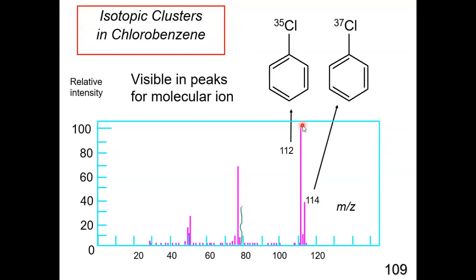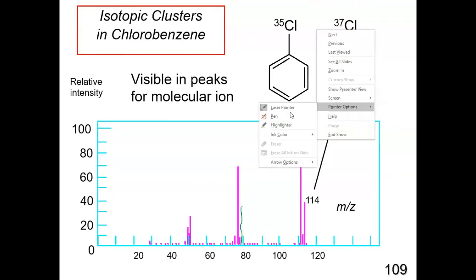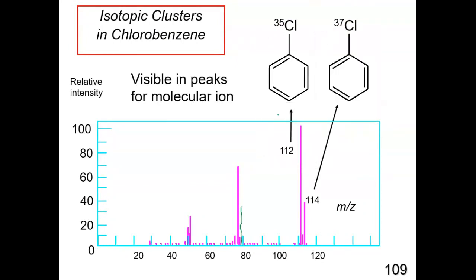Why? Because we know that if you have chlorine 35 in the molecule, the molecular mass of this one is 112. Just do a little calculation, you will find out this is 112.